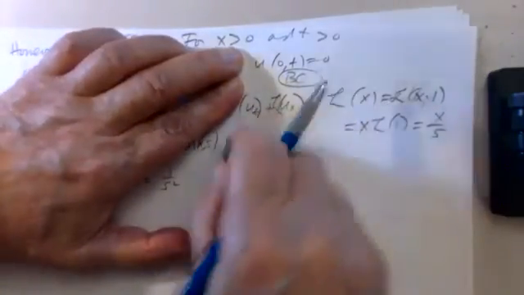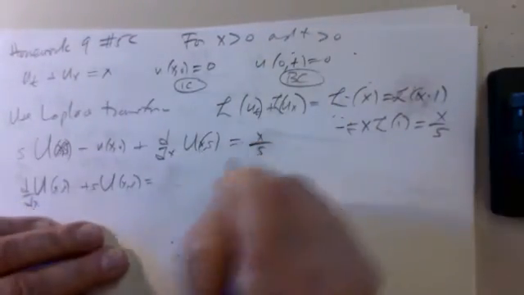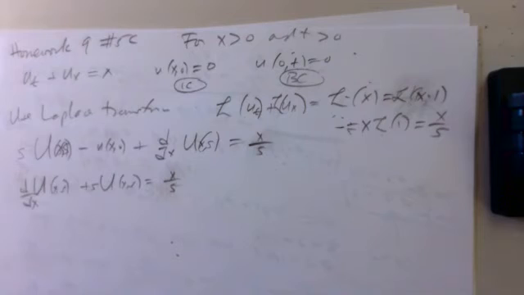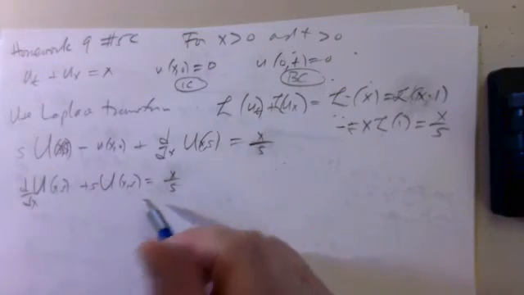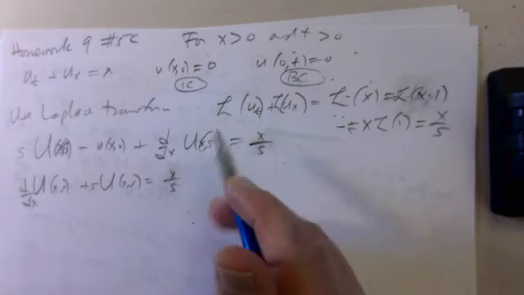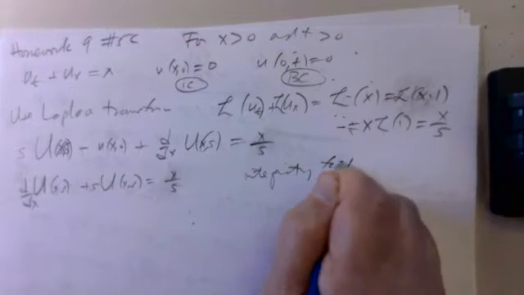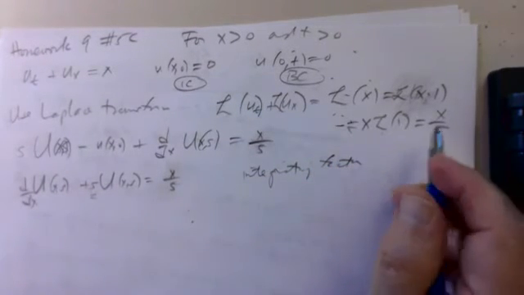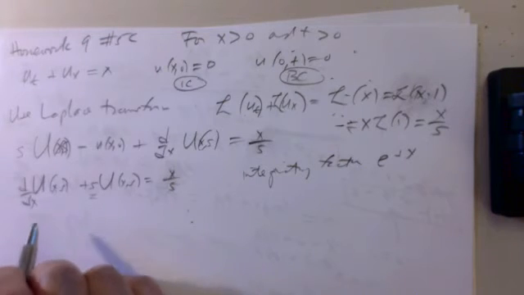So what I have here is x over s. Well, that's a first order non-homogeneous equation. If we take as the integrating factor e to the sx, and multiply through by e to the sx, what do I get?